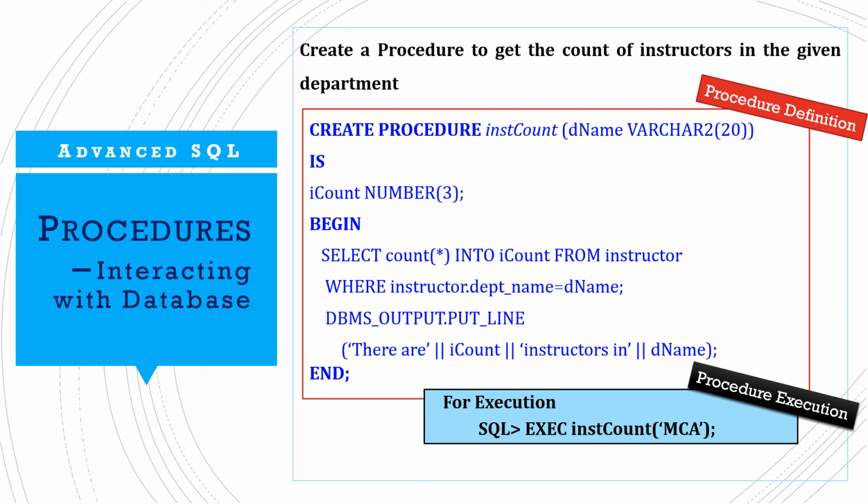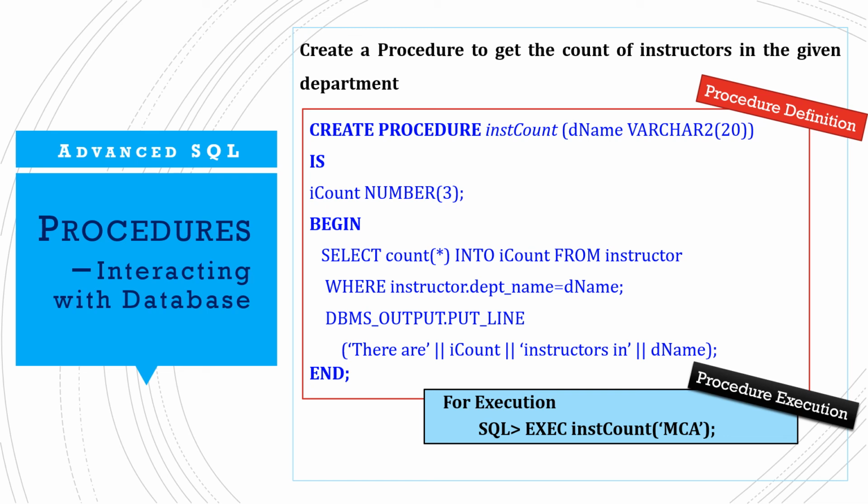So we are comparing that, and with the help of this output statement, we are outputting the number of instructors in the department. In SQL Plus, we can make use of the command exec for executing this particular procedure. So exec, or you can give it as execute.